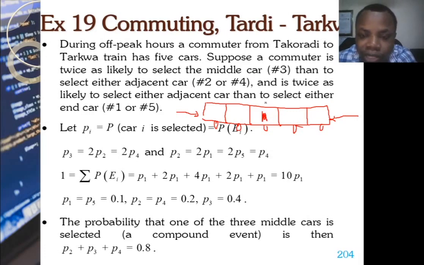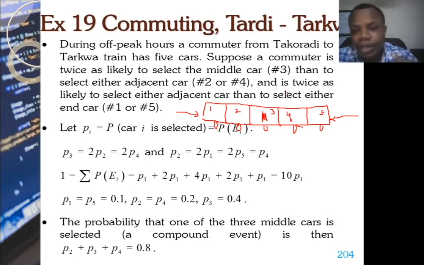So the probability for someone to sit in this middle car is twice as likely as to sit in car 2 or car 4. So this commuter who is conscious of his security is twice as likely to sit in car 3 than to sit in any of the adjacent cars.